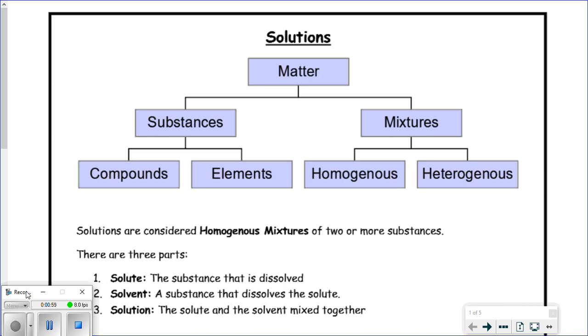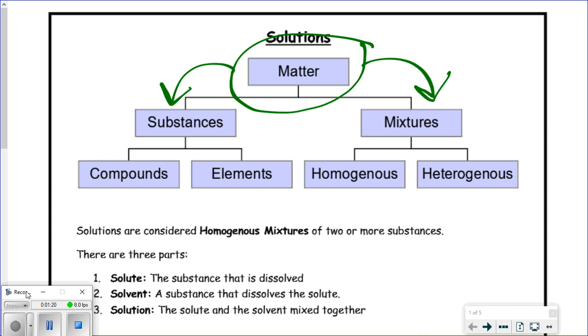When we have matter, we can separate matter into different subcategories. With matter, right here, we have substances and we have mixtures. Now, the substances, or pure substances, that's kind of what we called them before.